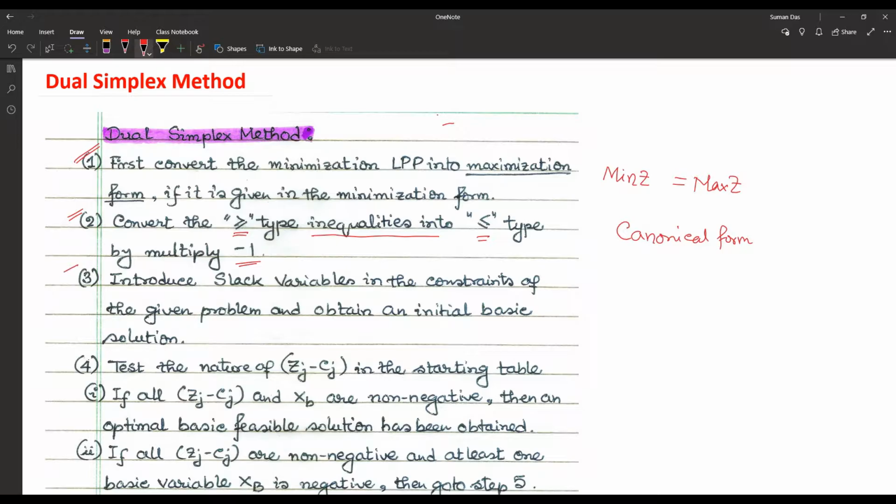As all the constants are now less than equal to, we have to introduce the slack variables. So introduce slack variables in the constants of the given problem and obtain an initial basic solution. Up to that, the first, second and third steps, we proceed with a given problem. Then we will proceed to step 4 or the next steps.